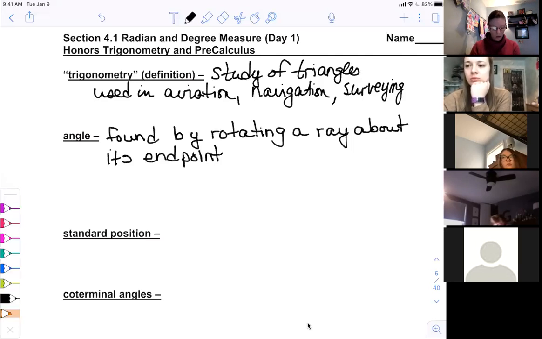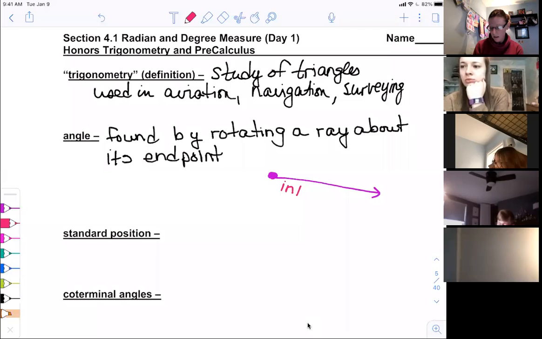So we're going to draw a little picture here just so you understand a couple of parts of an angle. It says it's found by rotating a ray about its endpoint. Remember from geometry, a ray has an endpoint and it only goes in one way. It doesn't extend in both left and right. This is called our initial side.